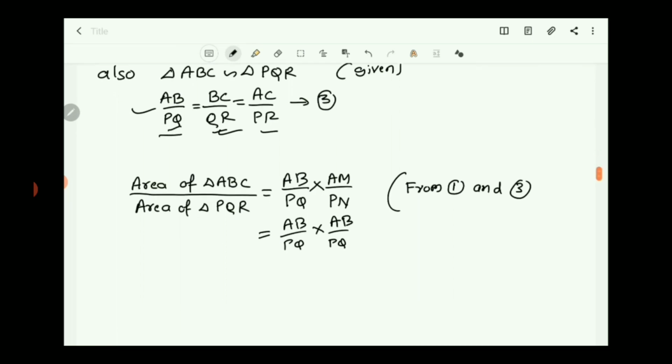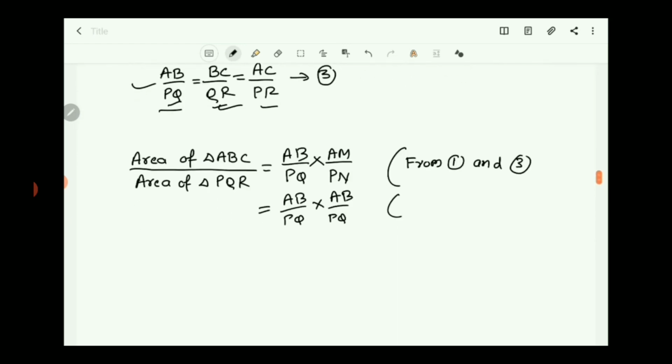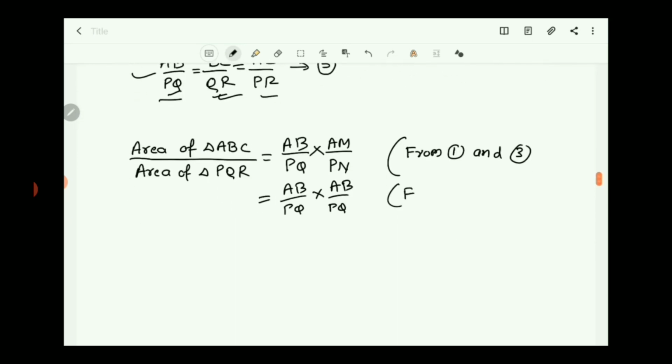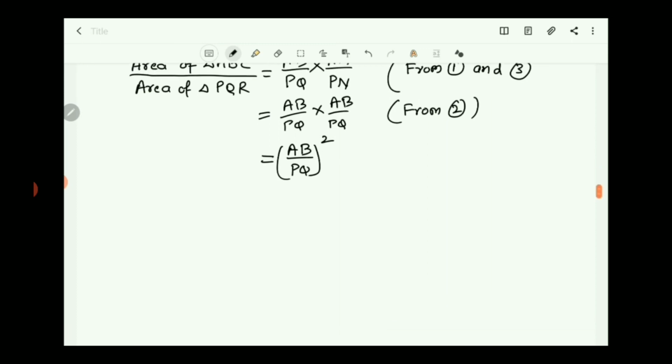That is from second. Now here it becomes AB by PQ into AB by PQ, which is AB by PQ the whole square.